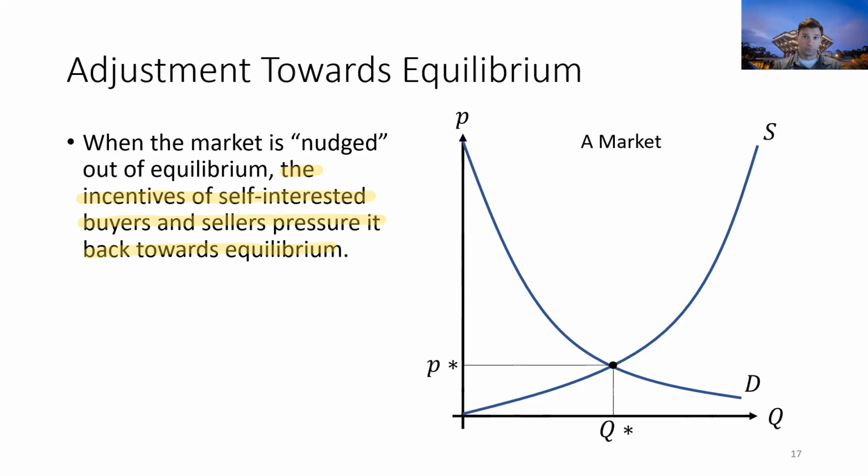Every market is predicated on a set of rules. Every market is predicated on a set of regulations that describe what sellers are allowed to do and what buyers are allowed to do. Every market. And the least amount of rules that you can have where the market will still work is property rights.